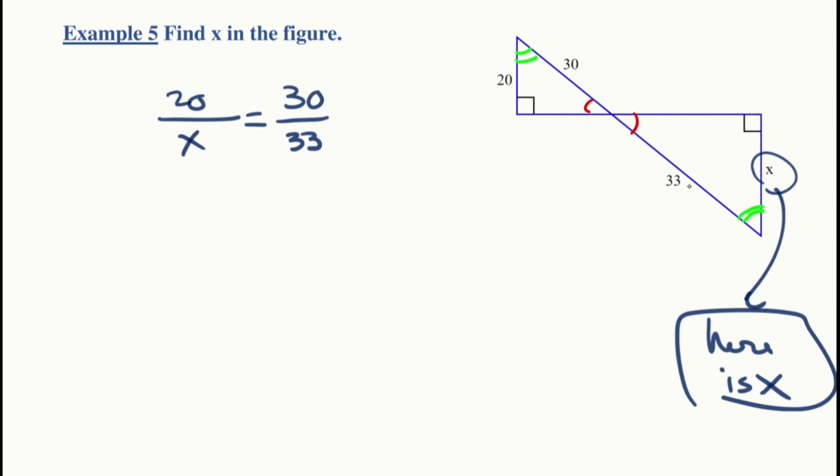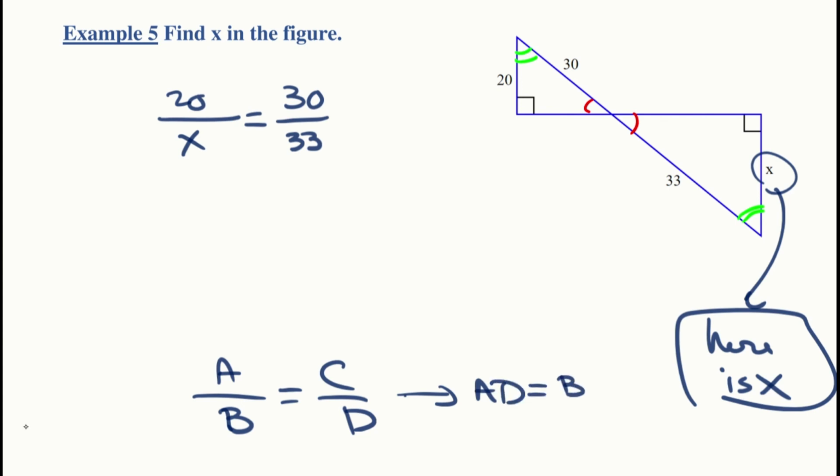So remember that that's a simple proportion. Now that's one of those things you'll encounter a lot in trigonometry, a proportion like this. So a little review of algebra will tell us that here, when you do have a statement of equality of two ratios, this is called a proportion in algebra, right? Remember, when you have that, you can cross multiply. So that implies AD is equal to BC.